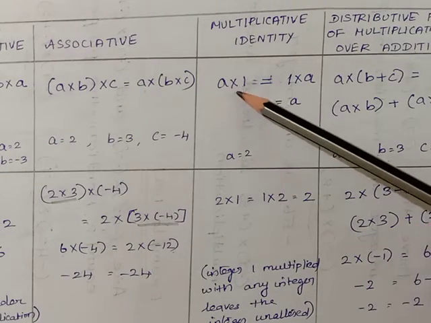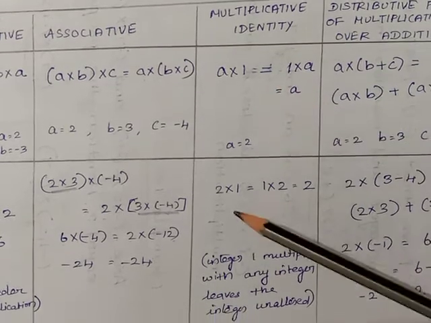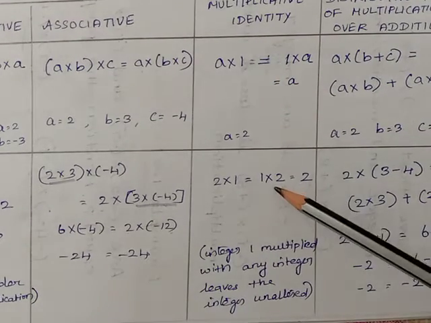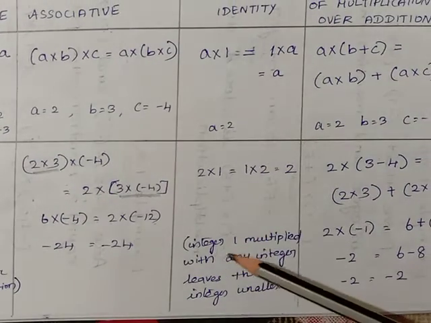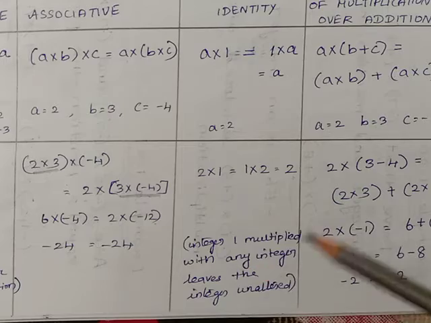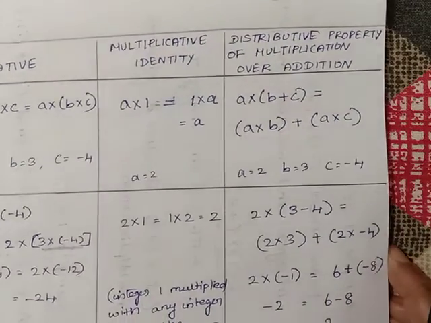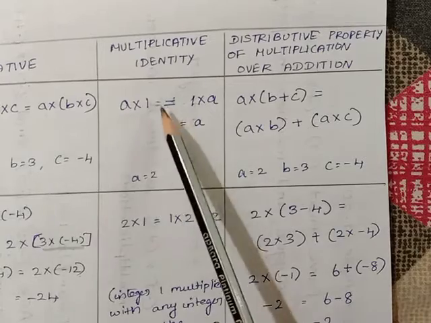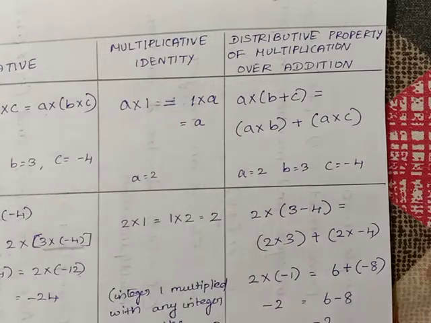So 2 into 1 is equal to 1 into 2 is equal to 2. So 2 into 1 is 2, and 1 into 2 is also 2. Therefore, we can decide that integer 1 multiplied with any integer leaves the integer unaltered. Your answer will be same. 5 into 1 is equal to 1 into 5. 1 into 5 is 5, and 5 into 1 is also 5.